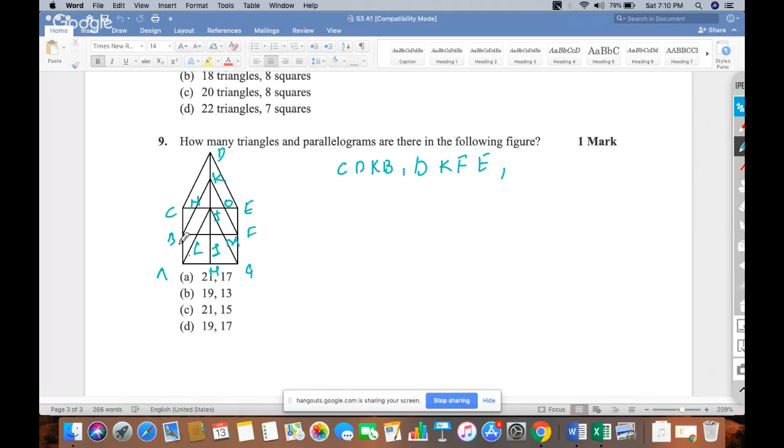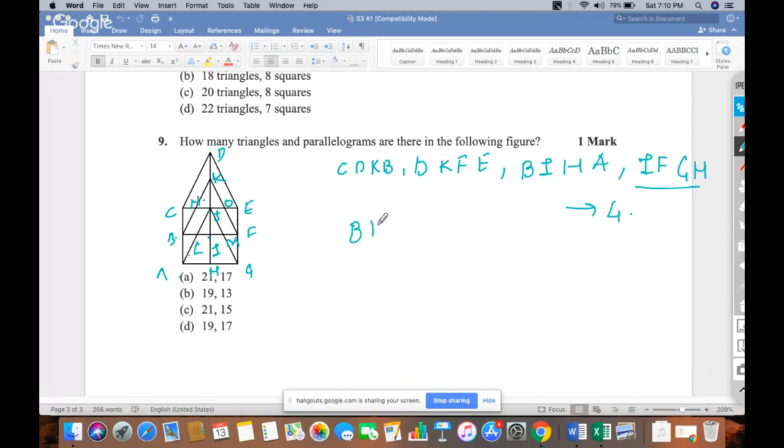Then where am I getting? I am getting BIHA here, and similarly IFGH, or HG, whatever you say. So how many of them am I getting? 4. Similarly, I can get some with 3 components, 1, 2, 3.